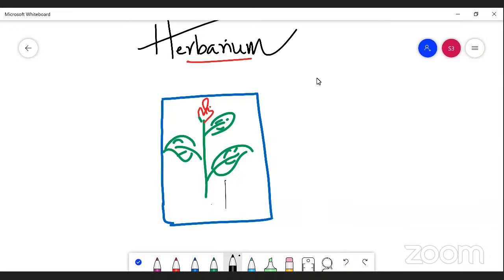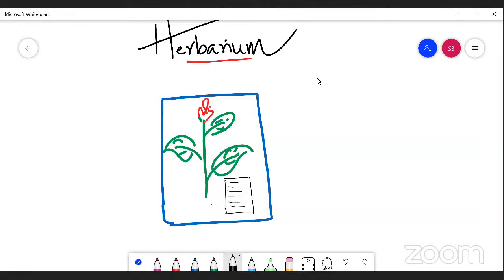It is also referred to as a place where this collection of pressed plant specimens is prepared and maintained for future studies and research studies. That is called a herbarium.